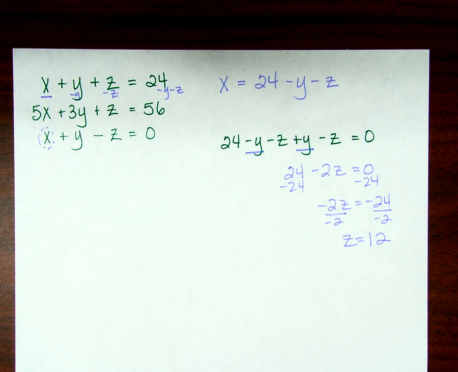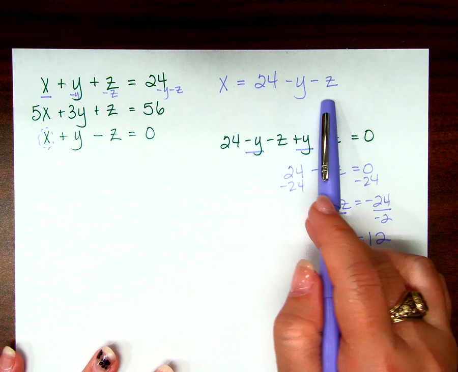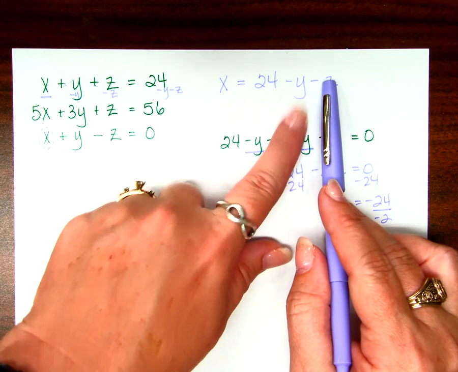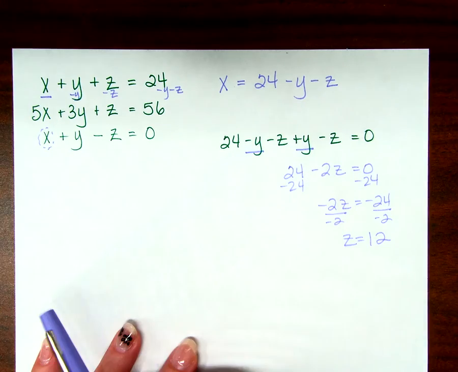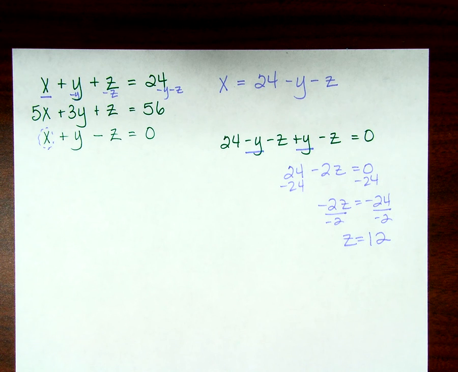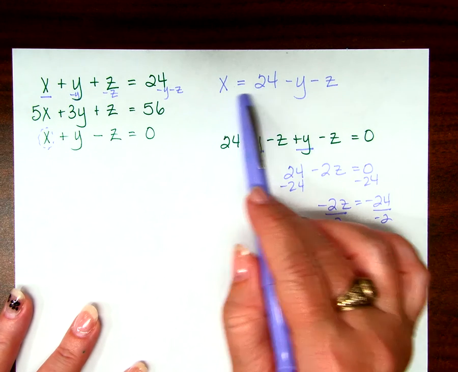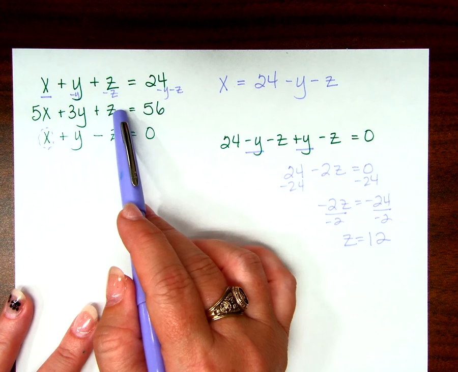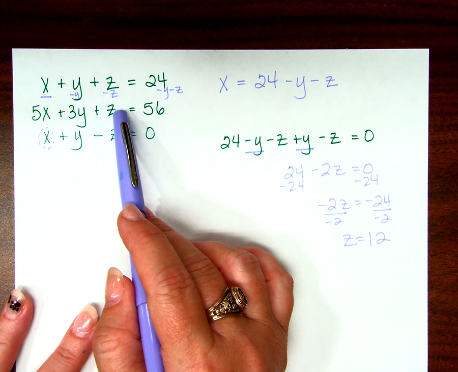I kind of got to start over, don't I? Because if I plug it in right here, which is a fine idea, I still have two variables, an x and a y. Does that make sense? So what do you want to do to start over? We could take this x and substitute it into the middle one, couldn't I?